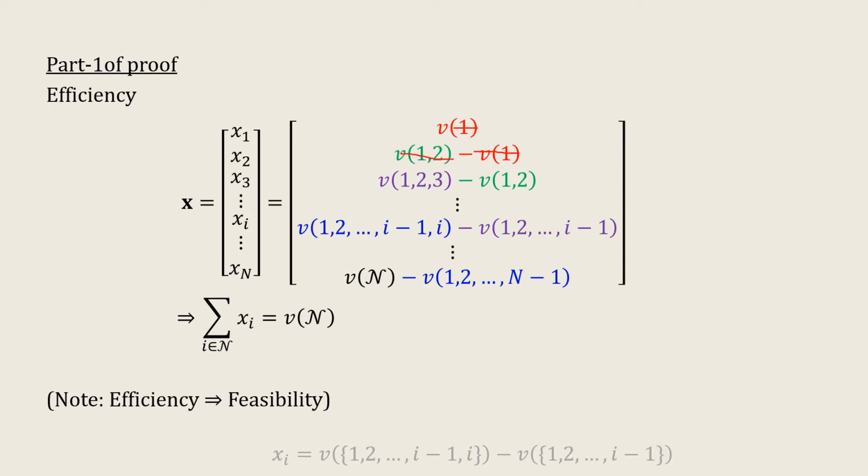Likewise, v(1,2) and negative v(1,2) cancel out. Finally, we are left with v(N), whence the summation of xi equals v(N), which shows that x is efficient.